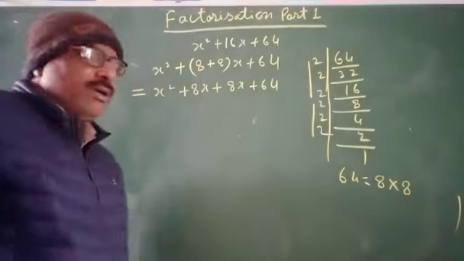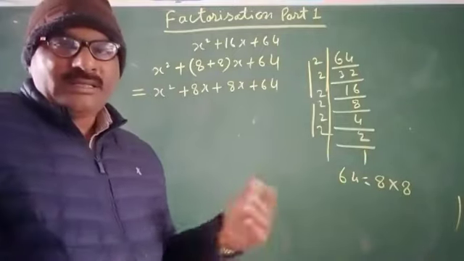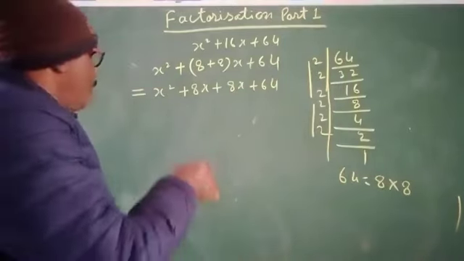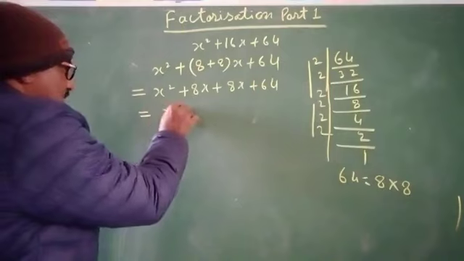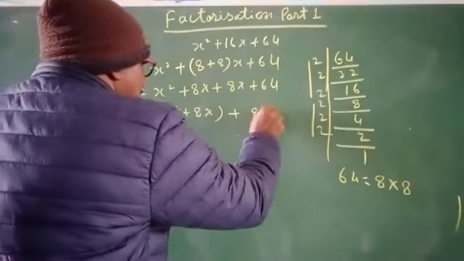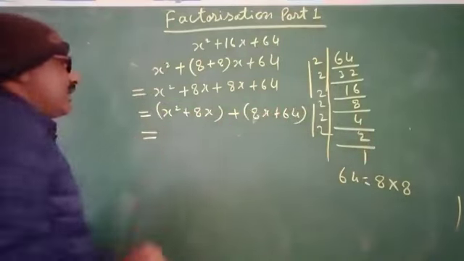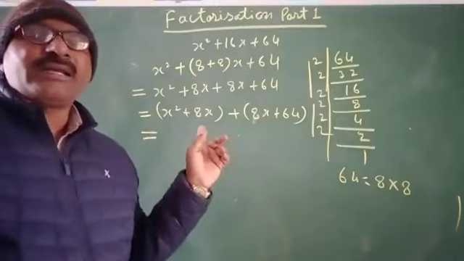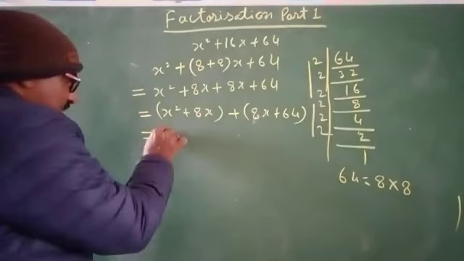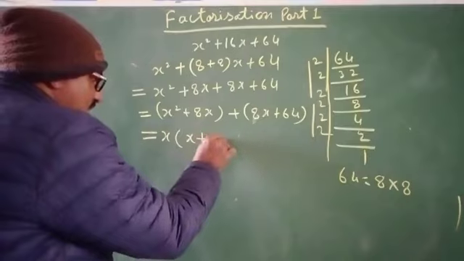Now I will form a group: x square plus 8x in one group and 8x plus 64 in another group. So it will be written as x square plus 8x plus 8x plus 64. You see that in x square and 8x, x is common, so I will take common x, and in the bracket I will write x plus 8.